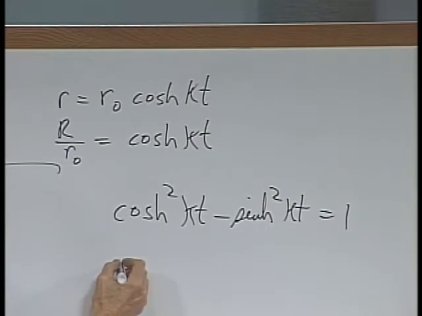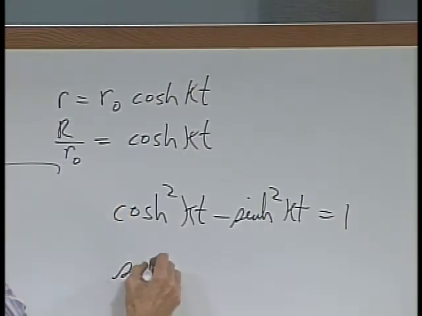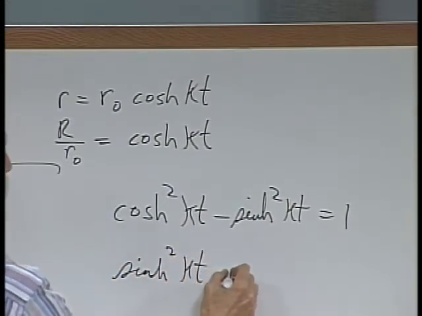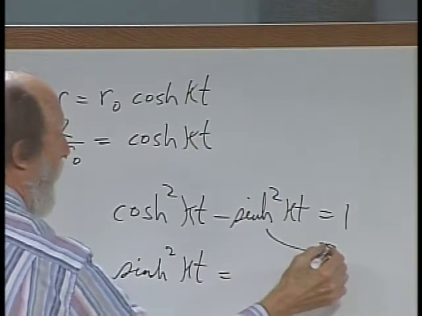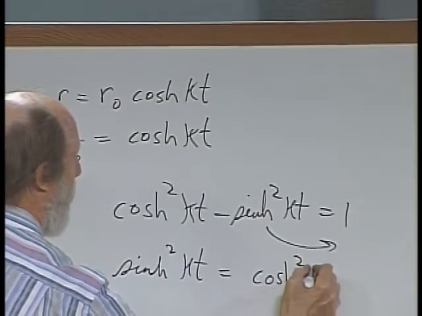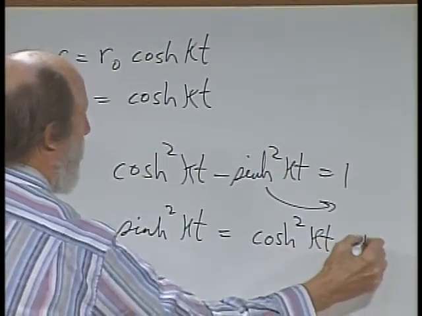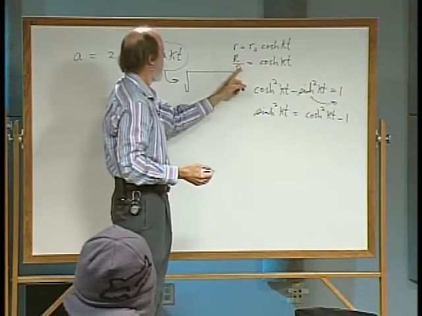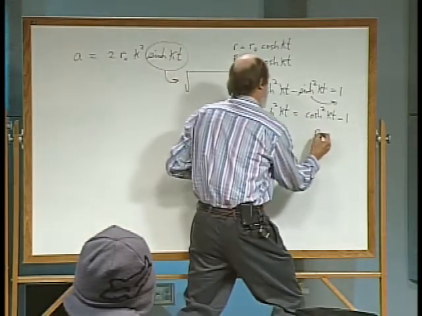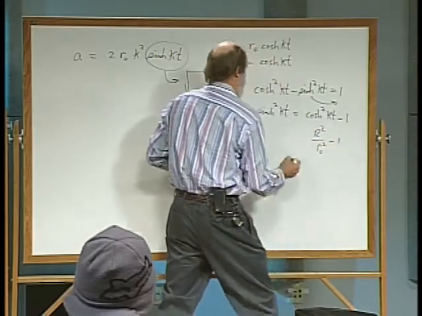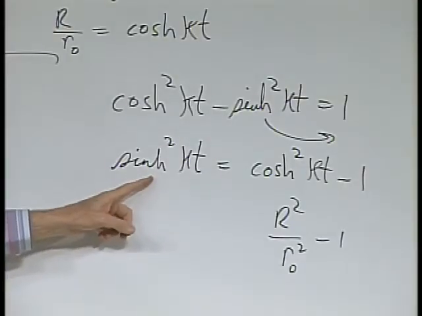So the hyperbolic sine expression, kicking it over to the other side and bringing the 1 back over, is this hyperbolic cosine squared minus 1. And we put in this right here. So we have R squared over r naught squared minus 1, which is the square of the hyperbolic sine.